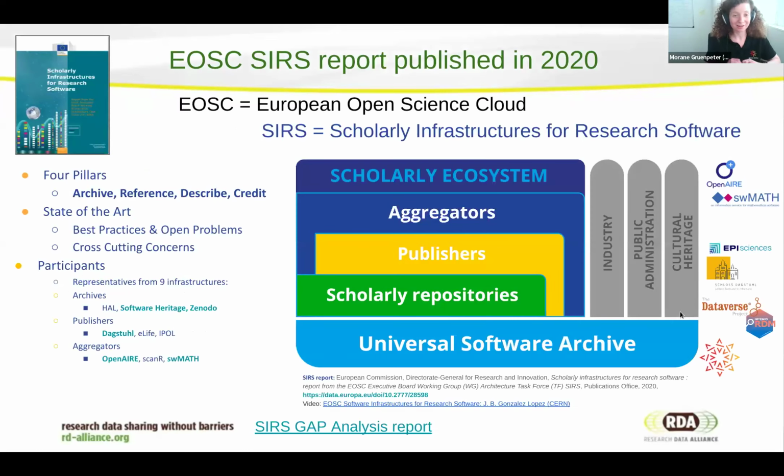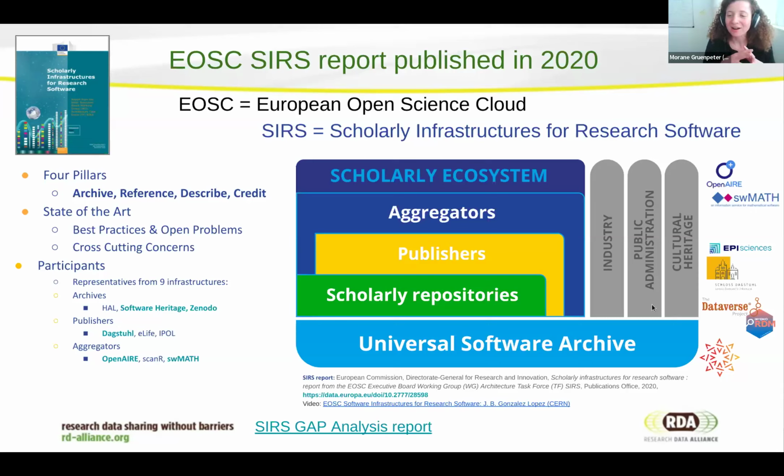And now, another EOSC publicity. Sorry about that, but there are a lot of things that came from EOSC in recent years. For those that don't know, EOSC is the European Open Science Cloud.